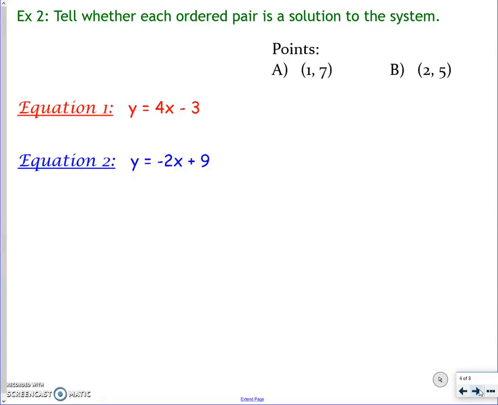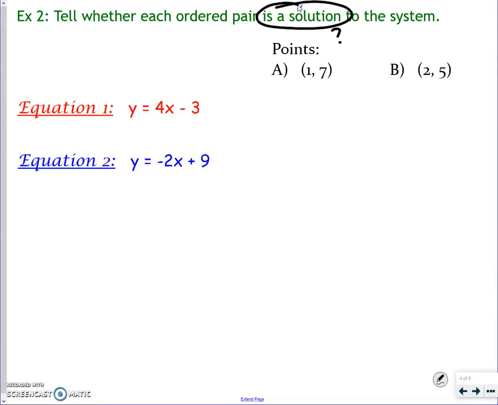Other things we'll see on our homework and could see on a quiz or a test is a problem where they give us some answers and they want to know, are these answers correct or not? So on this, it says, tell whether each ordered pair is a solution of the system. So this is a question, guys. Is this a solution? Meaning, is it correct answer? So somebody on this got an answer of 1, 7.